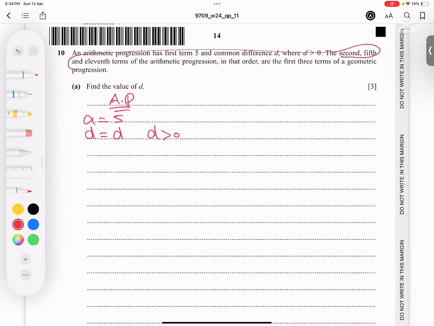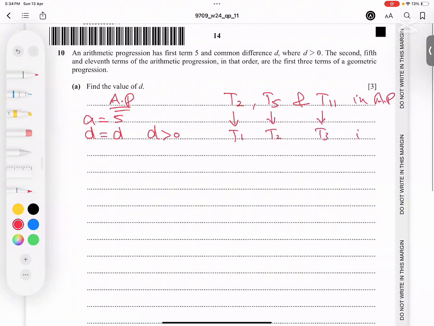The second, fifth, and 11th terms in the arithmetic progression are the first 3 terms of a geometrical progression. So this is T1, this is T2, and this is T3 in the geometrical progression.